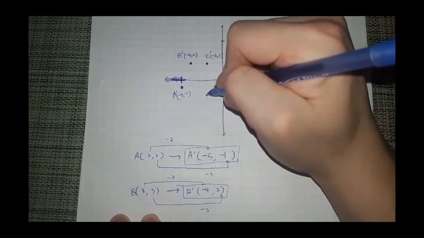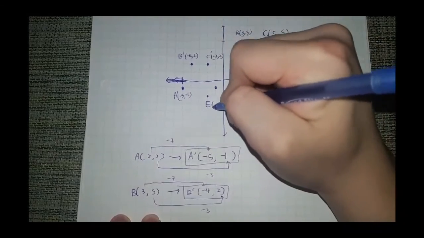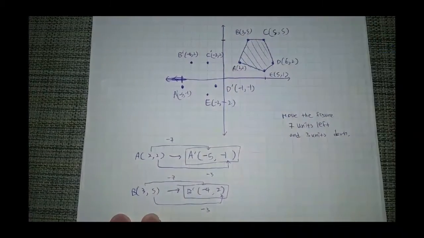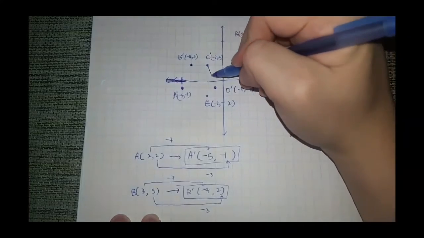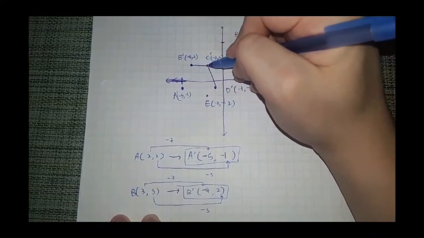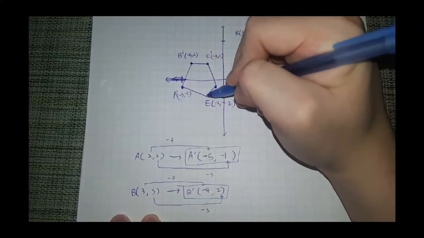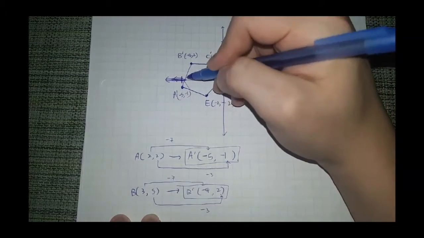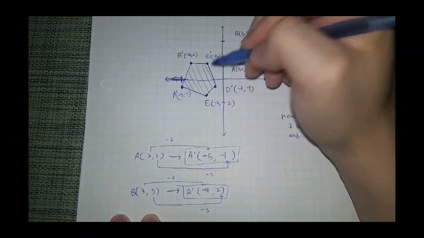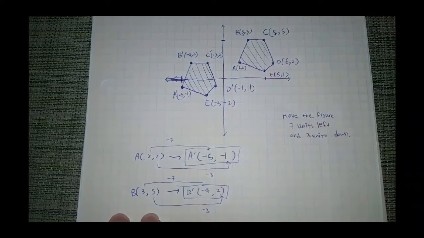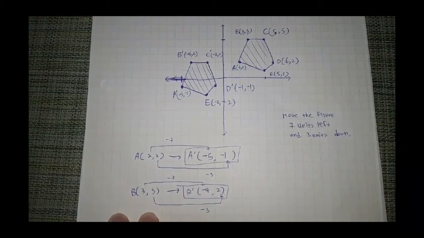Then E, which is minus 2, minus 2. And you can create a new transformed figure below. That is how you do multiple types of translation.